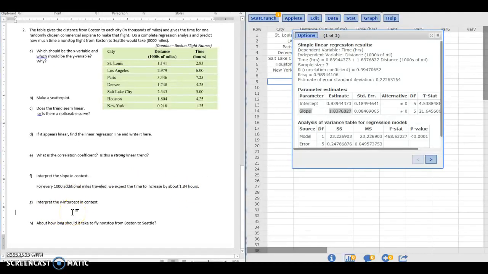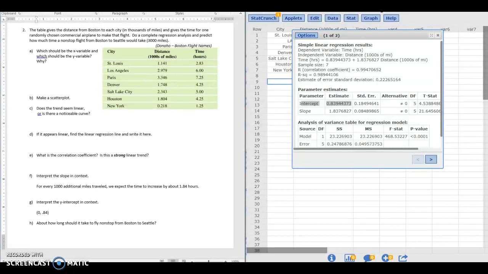Interpret the y-intercept in context. Again, I should just know that this is the value, but in case I forget, it tells me right here. So the y-intercept is 0.84, let's say. So in context, what does that mean? Well, first remember that y-intercepts are of the form 0, comma, that value.